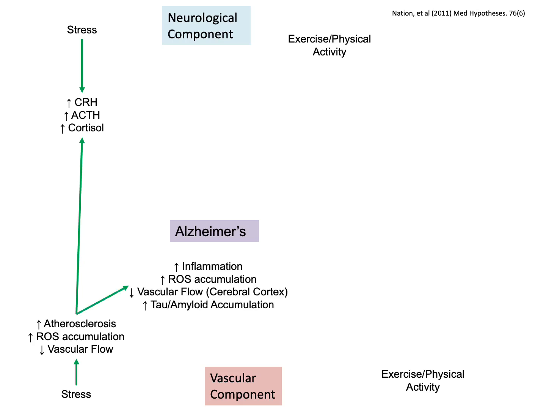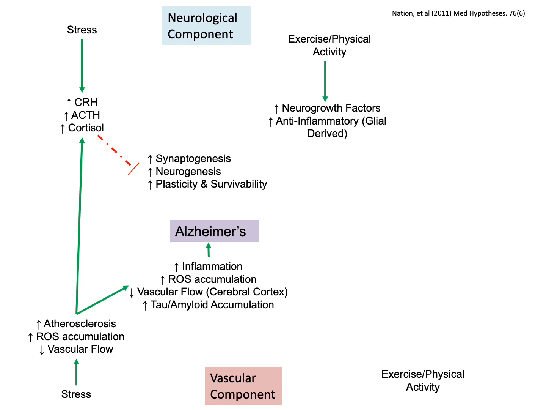This leads to increased inflammation, increased ROS accumulation, reduced vascular flow, and increase of tau and amyloid plaque accumulations. With more stress, we get a reduction of synaptogenesis, which means we block synaptogenesis, we block neurogenesis, and we block plasticity from occurring, which also will induce increased Alzheimer's risks.